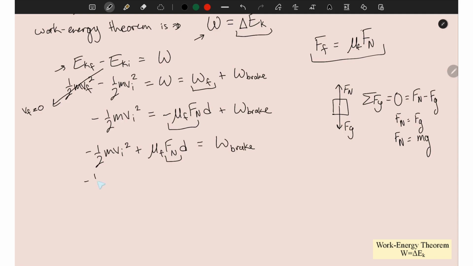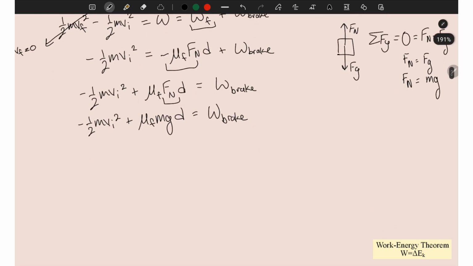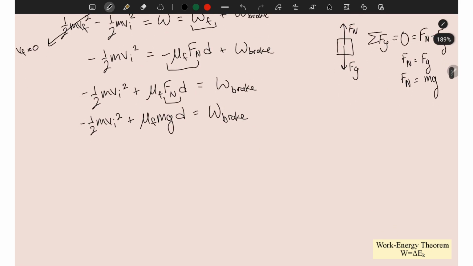So we can put this in. And now I think we have everything that we need. We can actually plug in some numbers.